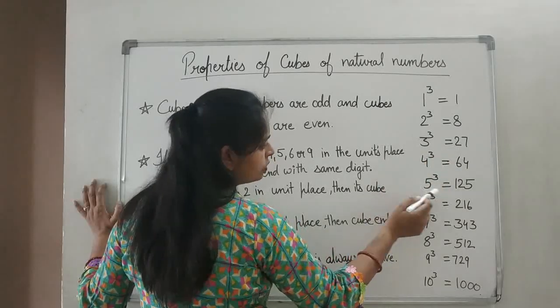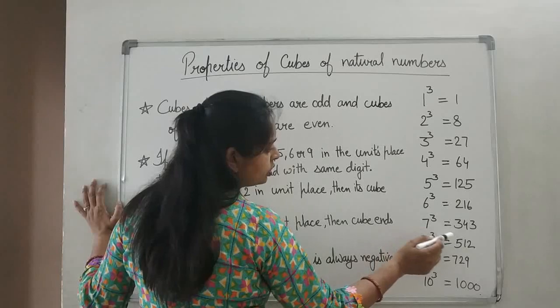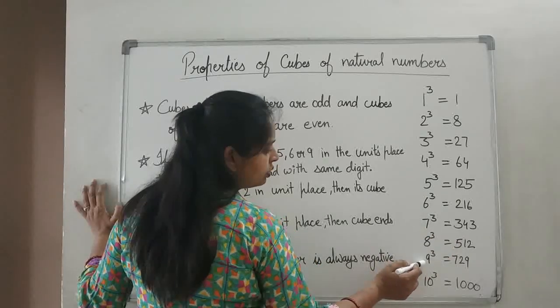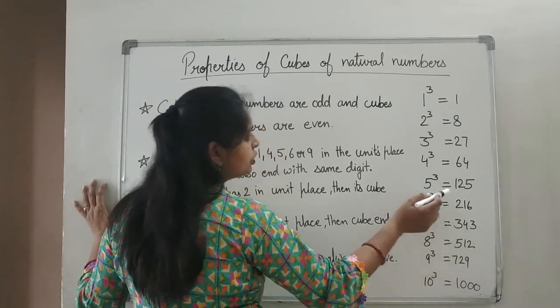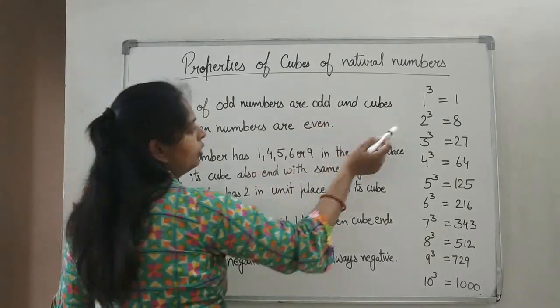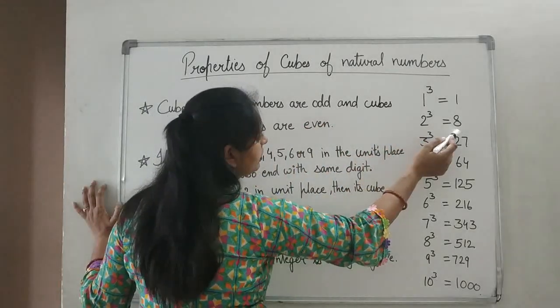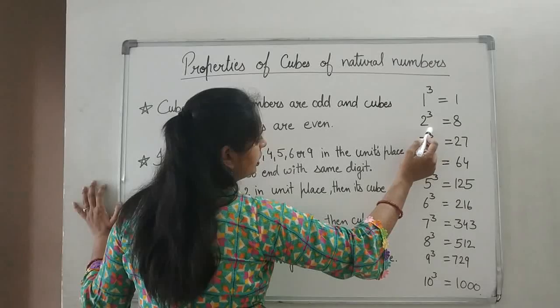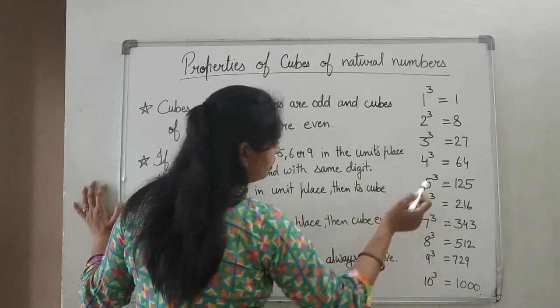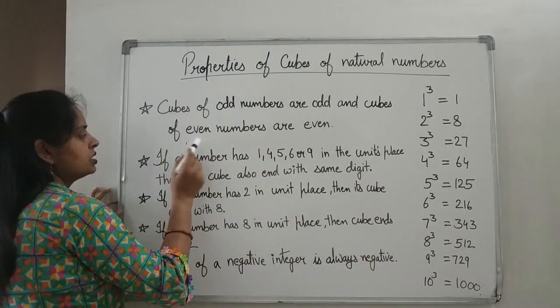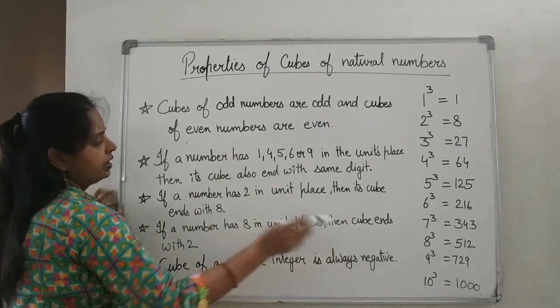The cube of 5 is 125, the cube of 7 is 343, and the cube of 9 is 729. So cubes of odd numbers are odd, and cubes of even numbers are even. 2 cubed is 8, 4 cubed is 64, and so on. So this is understood.